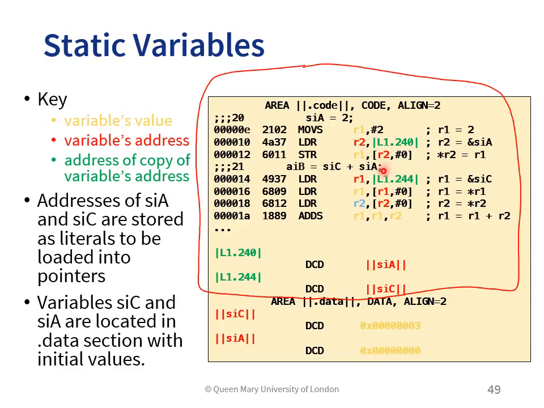Similarly, if you want to load the value, first we have to get the address, which is defined as a constant, to R1. Use R1 to access the value. Similarly, to get another value and do the additions. So this will be the way that we access the static variables by using the address in the literal pool.